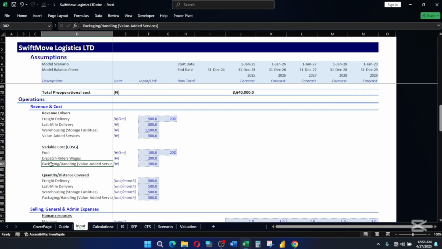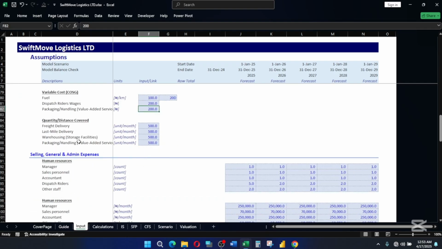Then we have packaging and handling, that's the other value added services cost. This is what it costs us. Now we also have the quantities, like distance covered. This is actually very important, because we are assuming that for the first month we are going to be covering 500 freight deliveries, just delivering once.